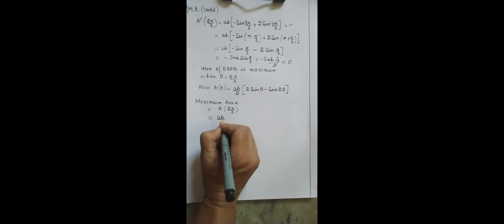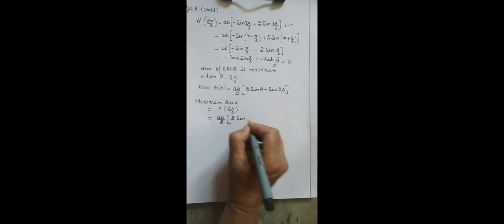So now the maximum area will be equal to A(2 pi by 3), that is the value of area at theta equal to 2 pi by 3.